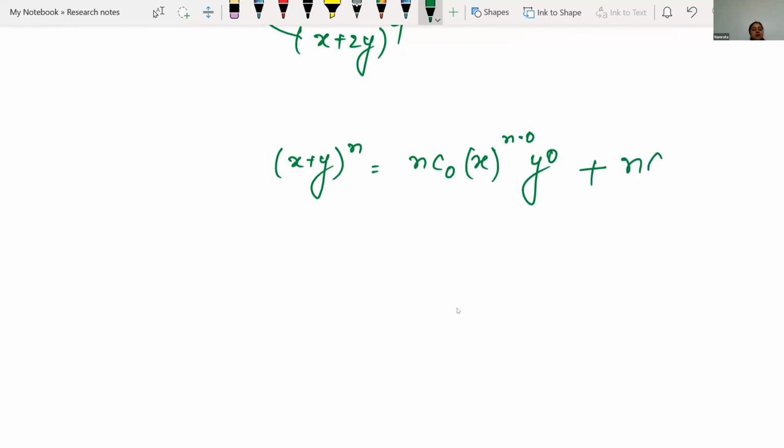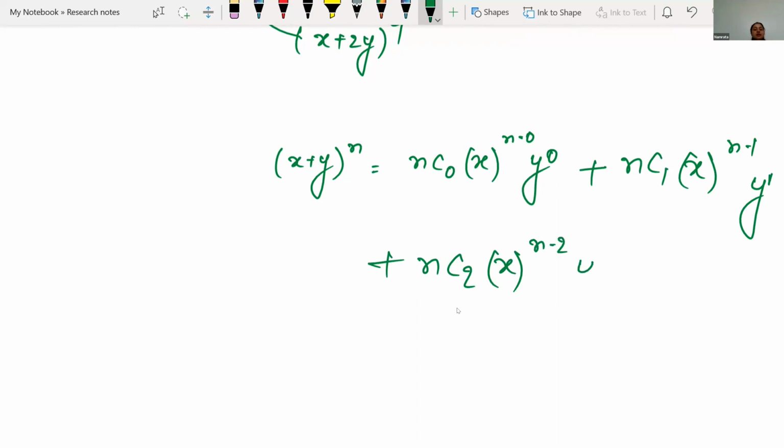Yes, ma'am. Plus nC1 x to the power n minus 1, y to the power only 1, plus nC2 x to the power n minus 2, y to the power only 2, plus nC3 x to the power n minus 3, y to the power only 3. Like that it will keep on going, right?